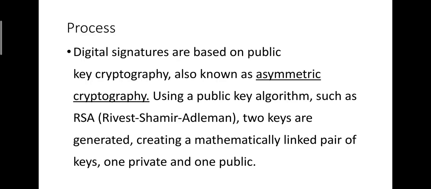How is it going to be processed? Digital signatures are based on public key cryptography, also known as asymmetric cryptography. Using a public key algorithm such as RSA, that is Rivest, Shamir, Adleman, two keys are generated, creating a mathematically linked pair of keys, one private and one public.